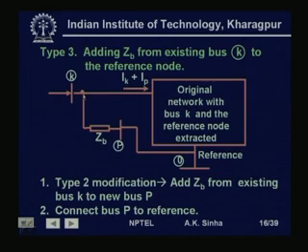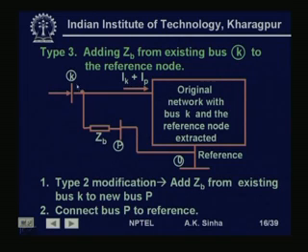That is, first we say that we add this Zb to a new node P. Already we have seen how we do that. That is, from a new node we add this branch Zb to bus k, which is same as type 2 modification, and then we connect this node P to the reference.